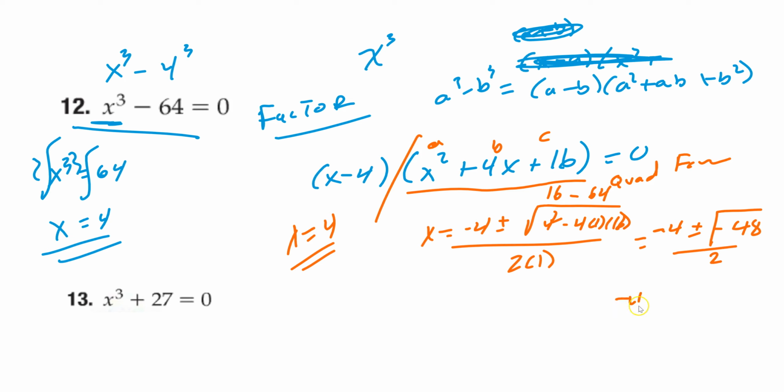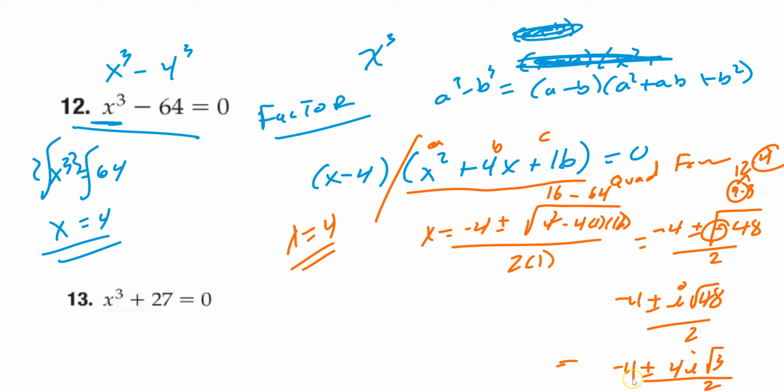Remember there's a negative, so you pull it out and make it an i. Radical 48 over 2. I can break down 48: 12 times 4, and 12 is 4 times 3. So a pair of 4s. So negative 4 plus or minus 4i rad 3, all over 2.